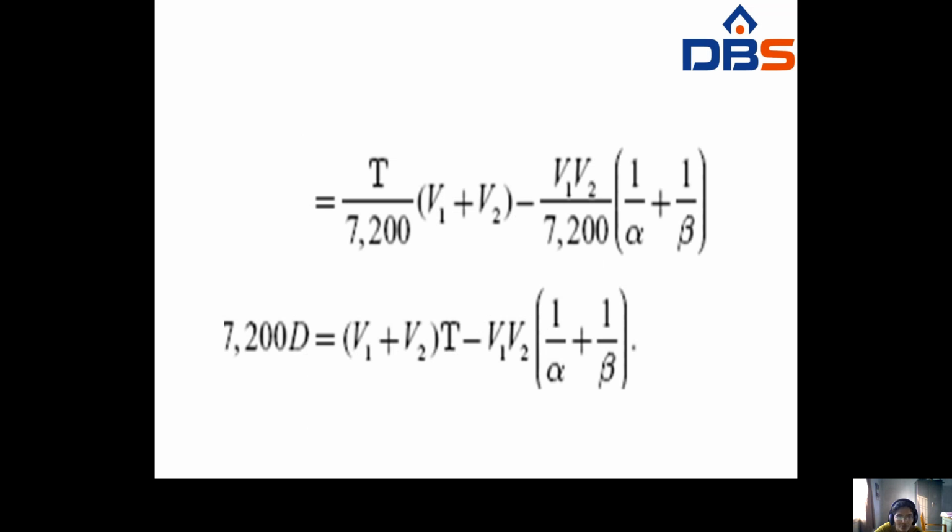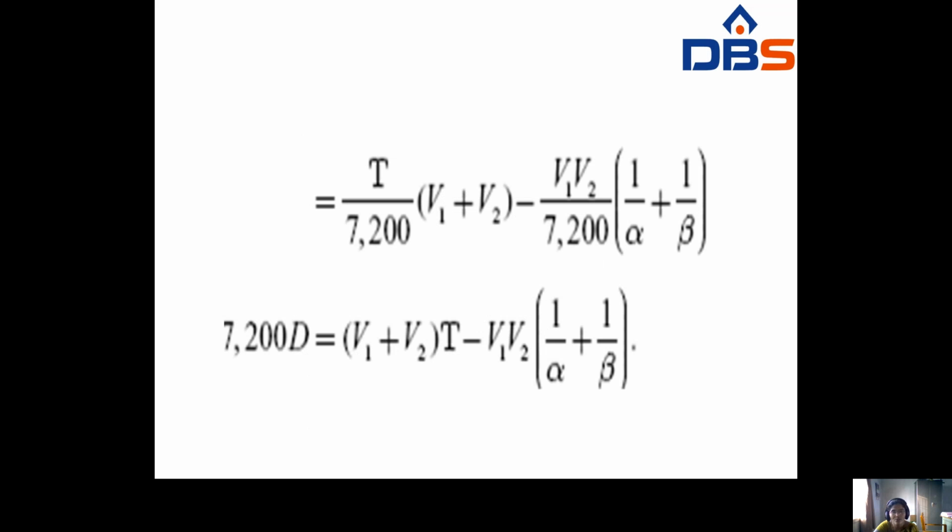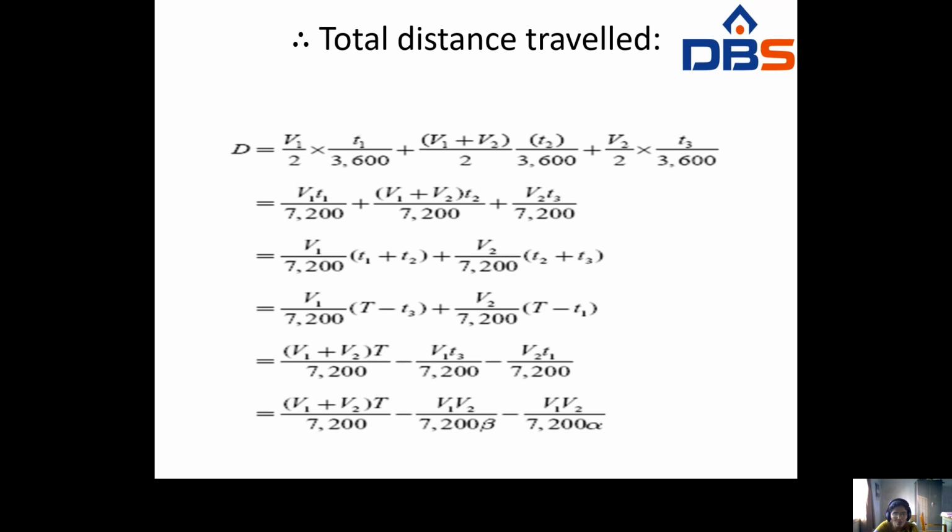From these two terms you take common V1 V2 by 7200, so it becomes 1 by alpha plus 1 by beta. So here you have V1 plus V2 of T by 7200 minus V1 V2 by 7200 times 1 by alpha plus 1 by beta.